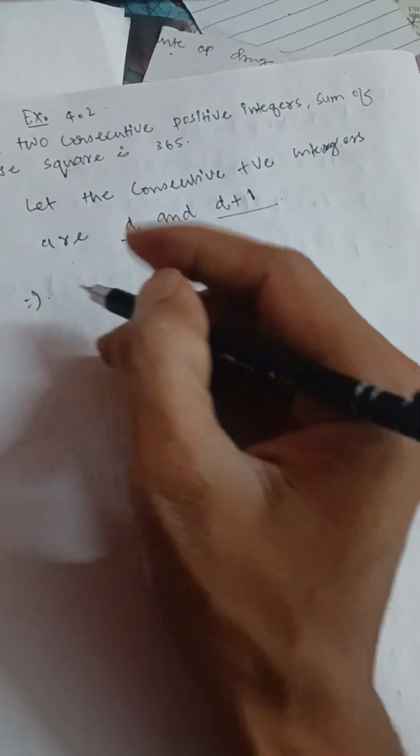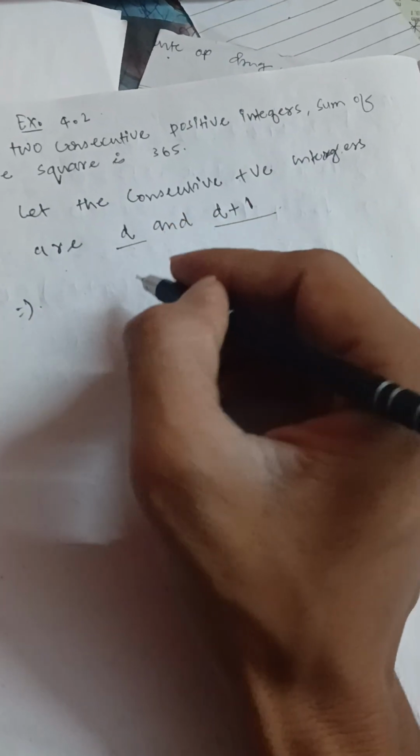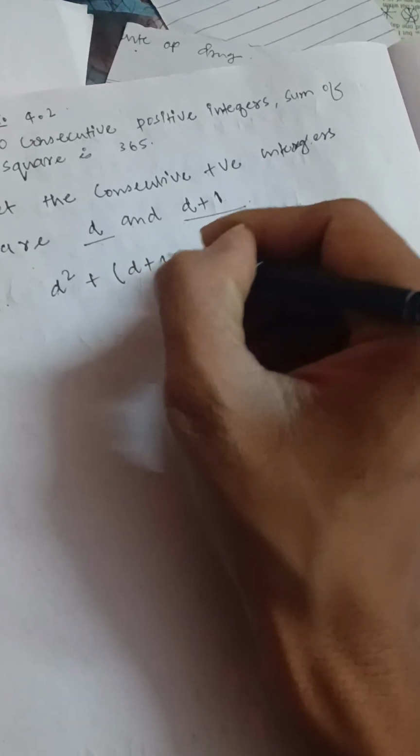So alpha square plus (alpha plus 1) whole square equal to 365.